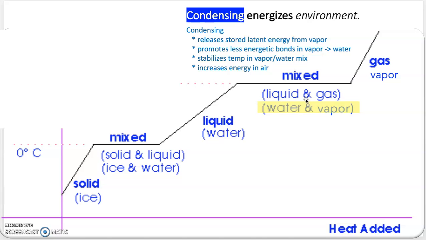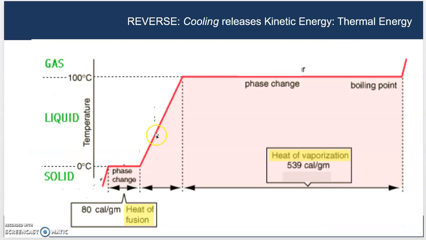How much energy is that? Well, that energy is called the heat of vaporization. And when you are condensing vapor, you are releasing that latent energy that you collected on the way up from the boiling water to the vapor.